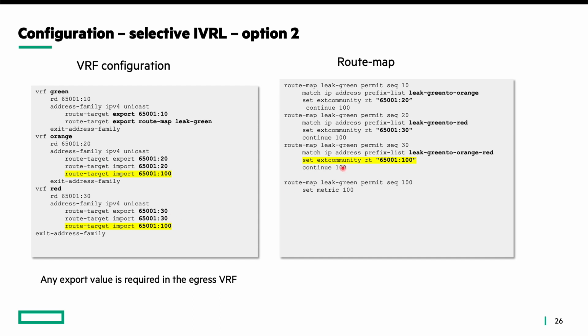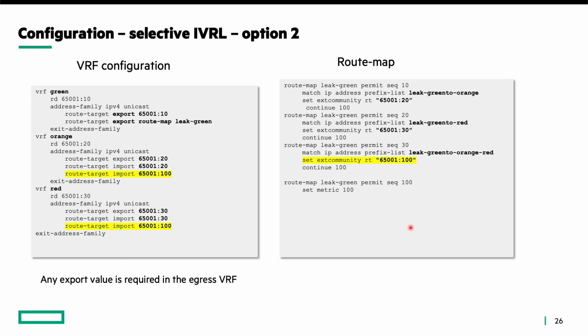And in terms of route map, the sequence 30 is much simpler because we have only one community. If you add another VRF, we add another sequence to set the community of this unique VRF. So let's say it's VRF blue with route target 40, so we add a new one. But for all the prefixes that need to be linked to all the VRFs, orange, red, and blue, we still stick with this value 100.